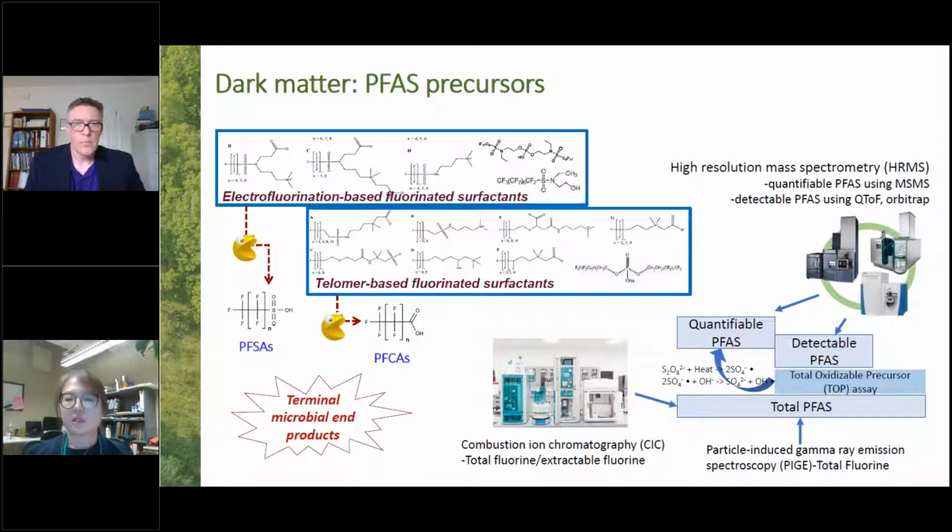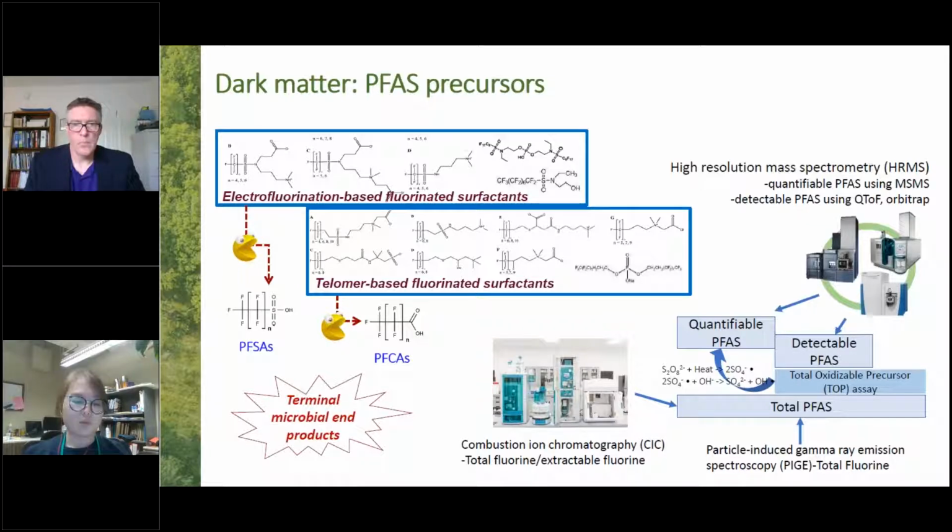The other one is using high resolution mass spectrometry technologies. By using it, we cannot quantify them, but we can qualify them. So we can say we have some kind of chemical which can be transformed to PFSA or PFCA.